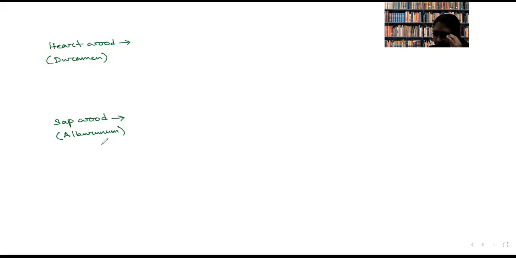These secondary metabolites like gums, resins, tannins are stored into the lumen of primary xylem. Apart from that, there will be formation of tyloses. Tyloses are balloon-like structures formed by the parenchyma present between the xylem layers. They actually are thin-walled parenchyma which form pit-like structures.